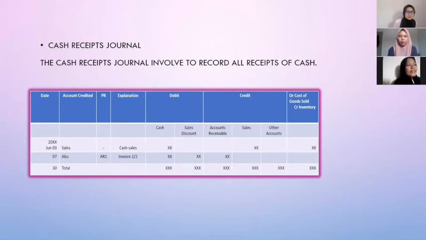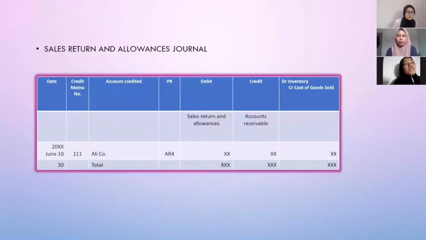Okay, next is the sales return and allowance journal. This is an additional journal that we think we should include because sales returns and allowances can also occur in the revenue process.